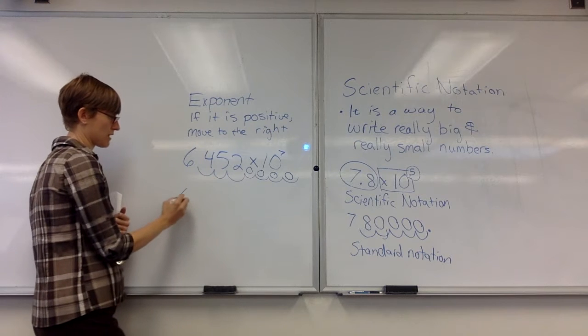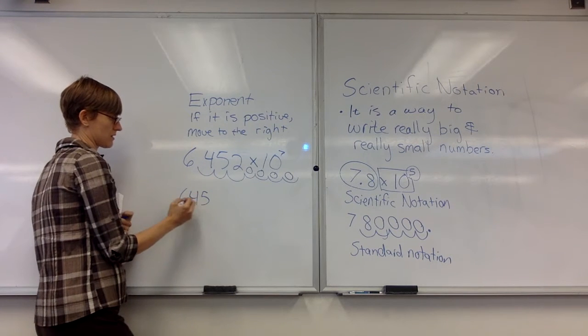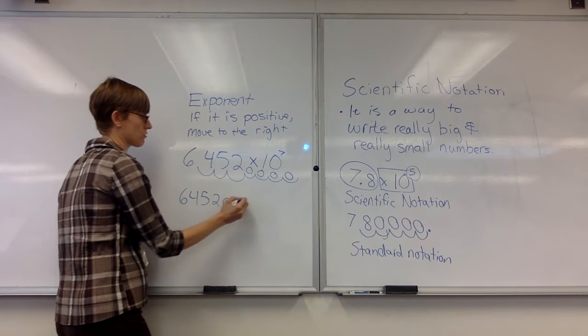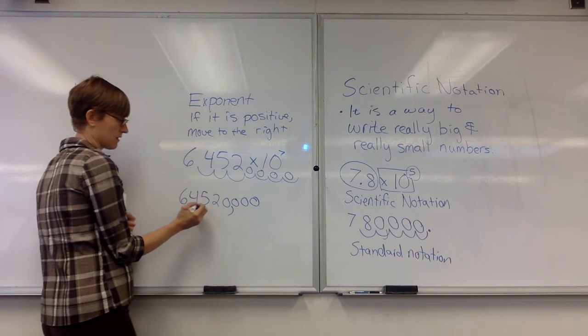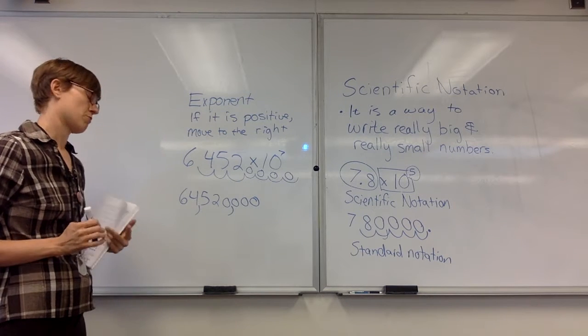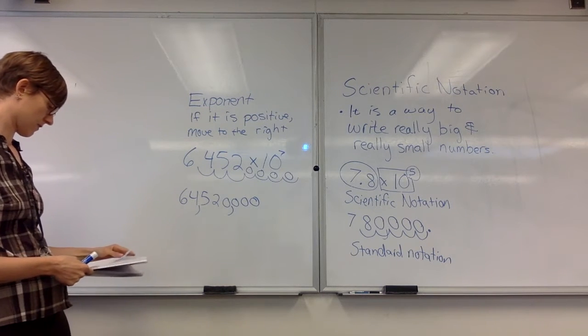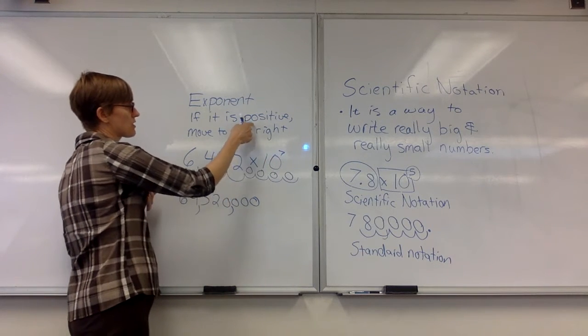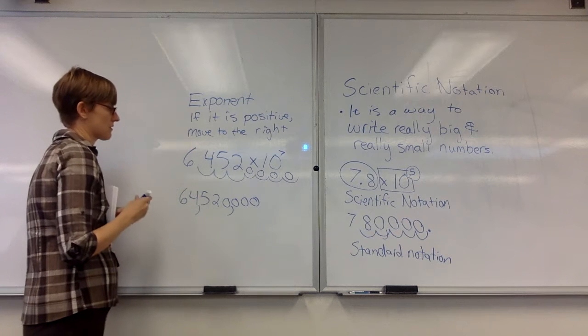So I'm going to rewrite my number, 6.452, with 4 zeros after it. Once I put my commas in, I can see a little bit better what that number actually represents. So this 7 told us that I was going to move 7 places to the right.